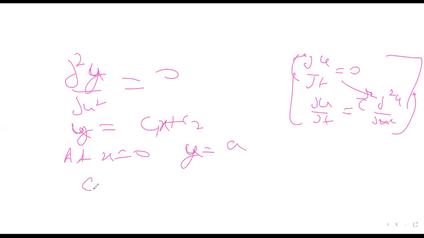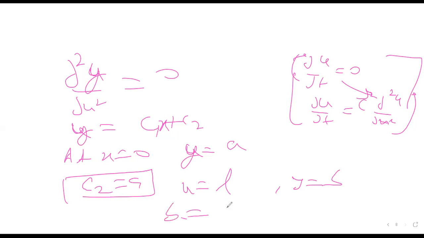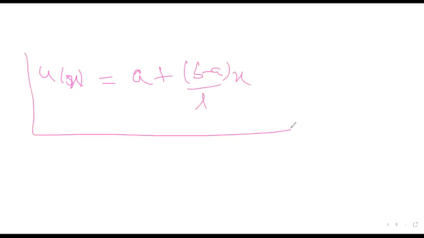So it means that c2 is equal to A, and at x equal to L, that is at the other end, y is equal to B. So B is equal to c1 L plus A. This will give c1 is equal to (B minus A) by L. So you will get the steady state solution, that is u_s(x) is equal to A plus ((B minus A) by L) times x. This will be your steady state solution.